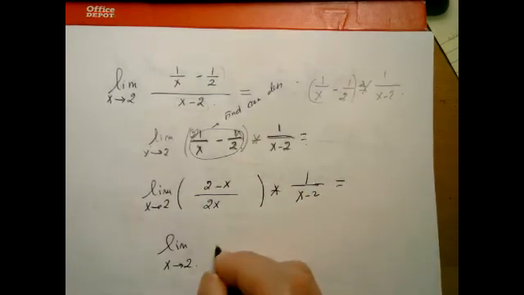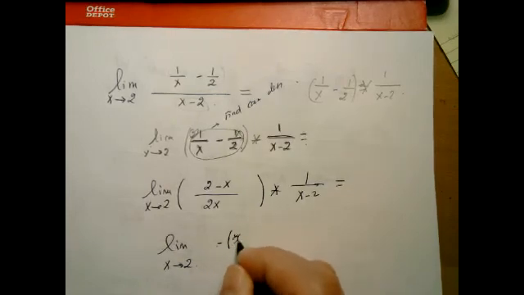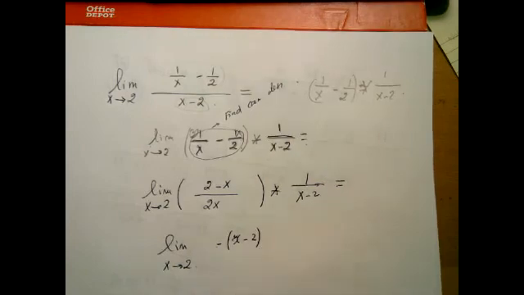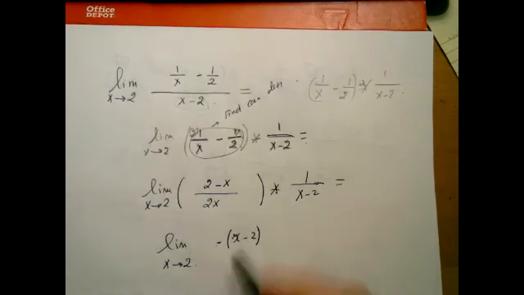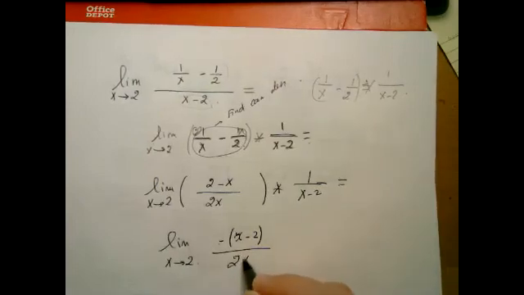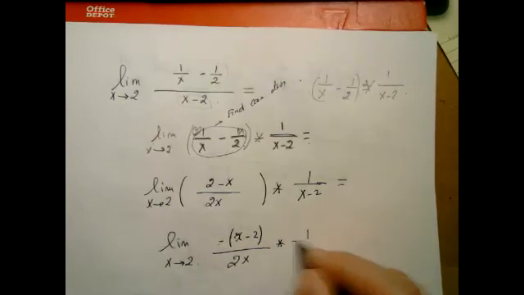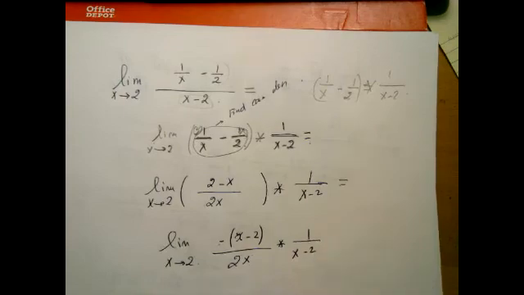So now, this 2 minus x, I'm going to write it as minus x minus 2. And why do I do that? Because I want this to show up. And am I correct? Minus x minus minus plus 2. So finally, I'm going to have this one times 1 over x minus 2. And at this stage, we are ready.